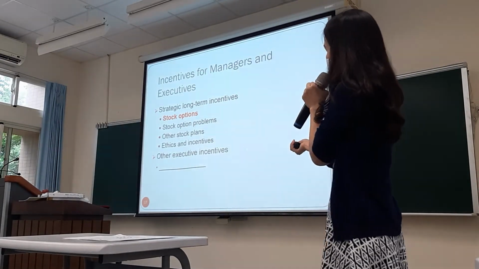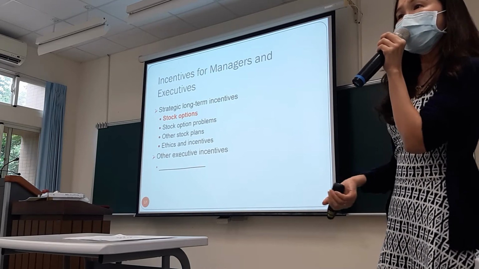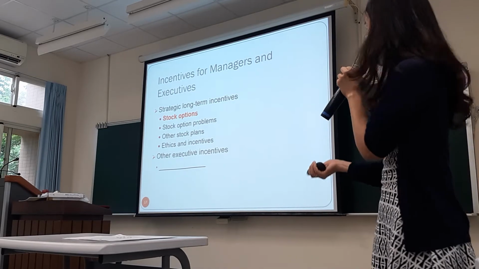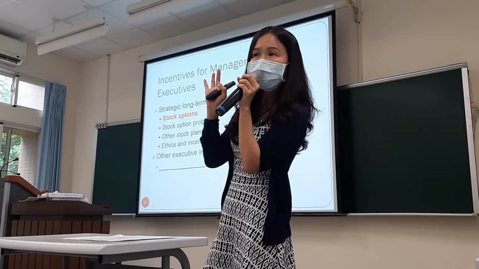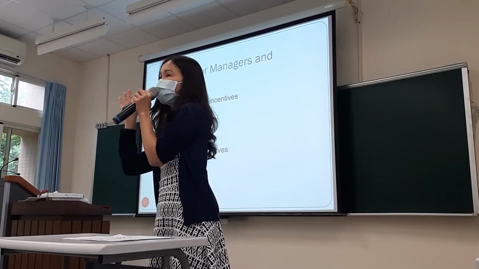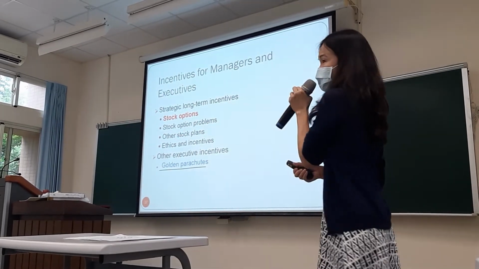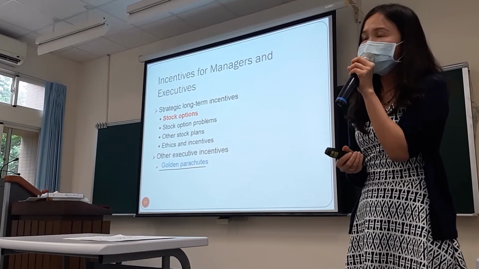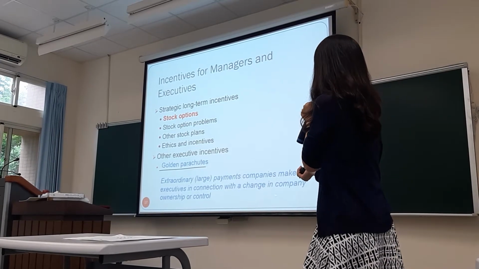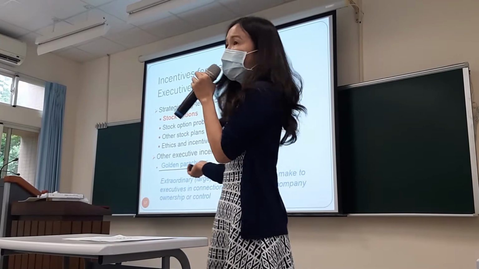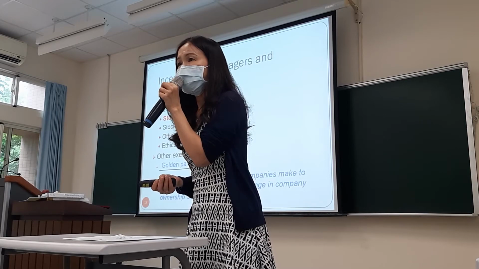And last week we also talked about a concept that is also one of the incentives for the top executive level: golden parachutes, right? Because as a top executive like a CEO, if your company gets merged, or your company loses the ownership or control, it's not that easy for you to find another job.